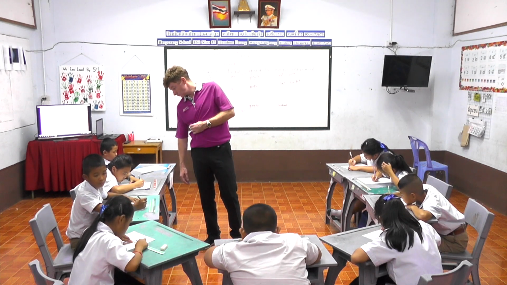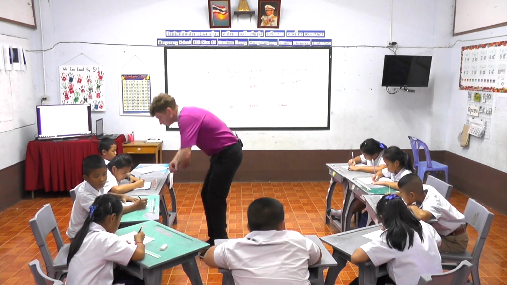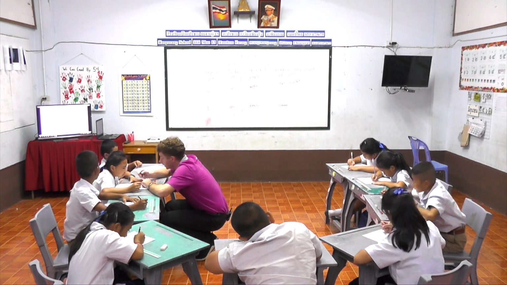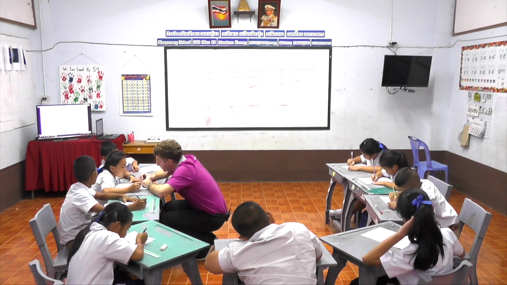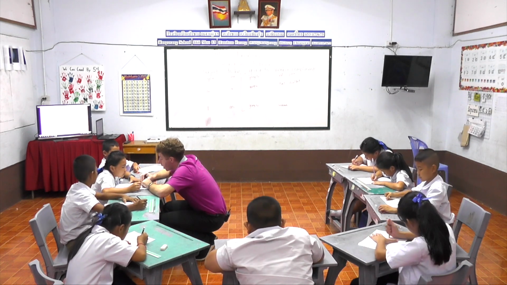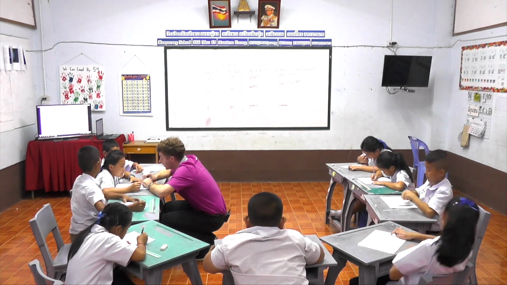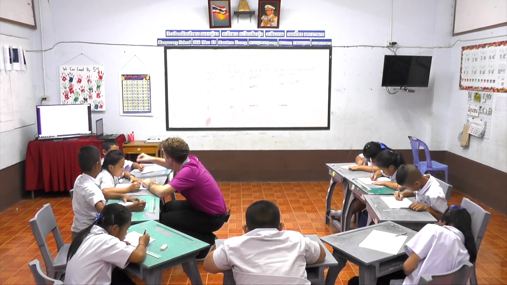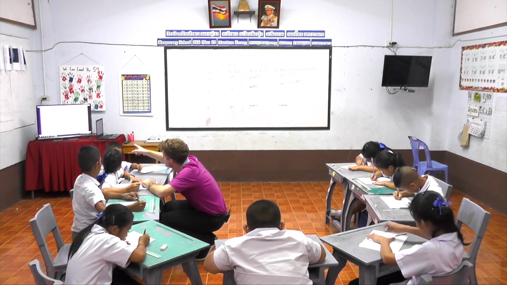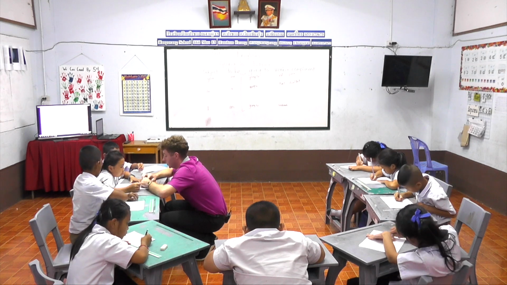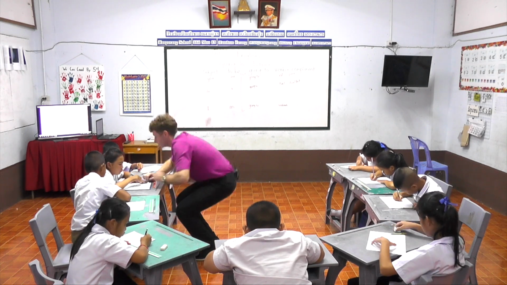So contraction, instead of are not, aren't. And then instead of is not, isn't. Like we've done on the PowerPoint: is not, isn't; are not, aren't. So you can write with the contraction.